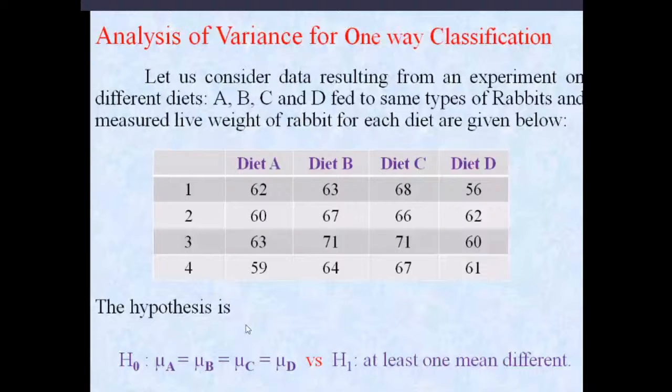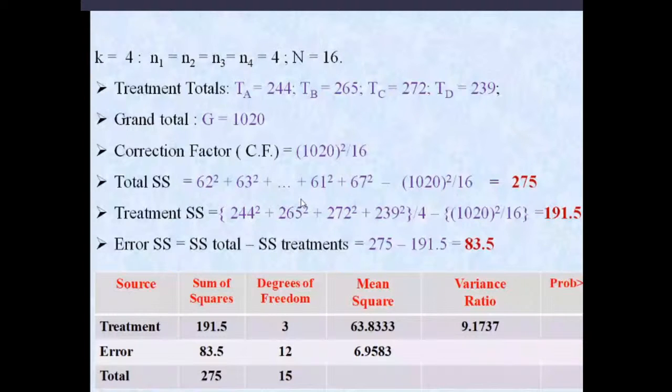Like that I calculated it for the second total, third group total, and fourth group total, minus correction factor, which is equal to this.